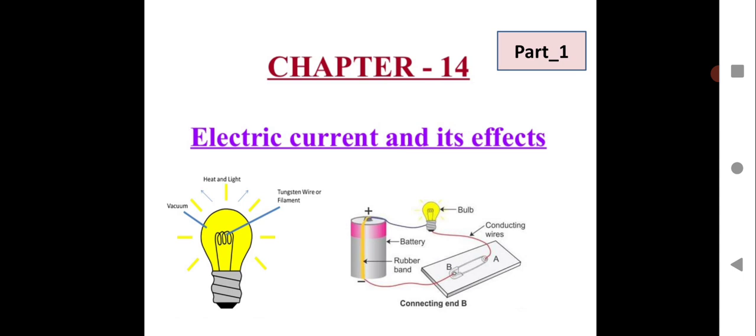First of all, for this chapter, the first concept which you are going to see is electronic components and their symbols. Since we are learning about the electric current and its effects, we will see the electrical components. This is basic knowledge we should know about electric circuits and electric currents.